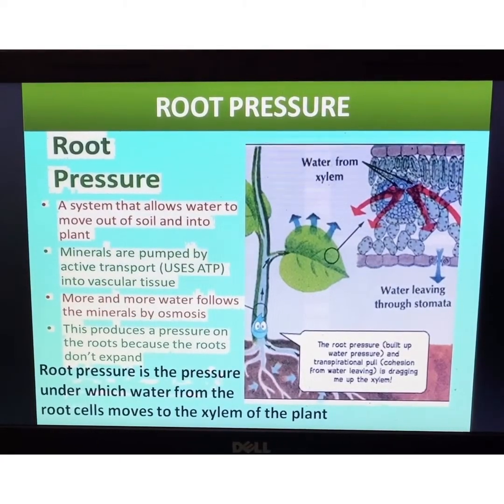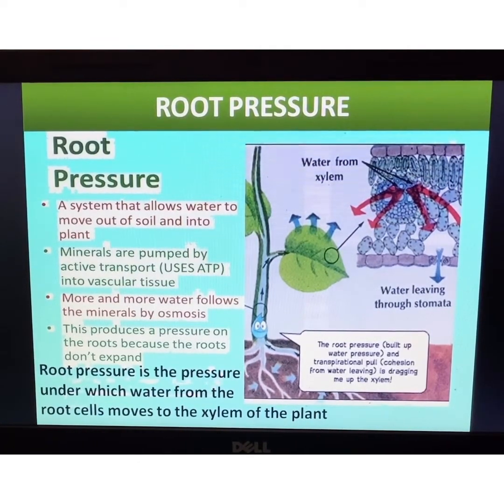What we understood was the differences and similarities between osmosis, diffusion, and also active transport. We got clarity on how the movement of minerals across the semi-permeable membrane happens against the concentration gradient, that is, from lower concentration to higher concentration.